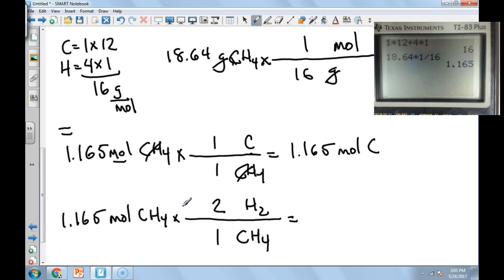And now when we do that, I'll put that in the calculator in a second. So we're going to cross off methane, and notice we're left with moles of H2. So we do 1.165 times 2, and we get 2.33 moles of H2.